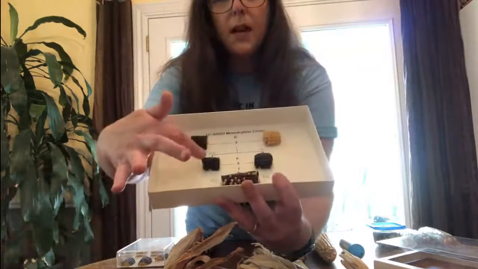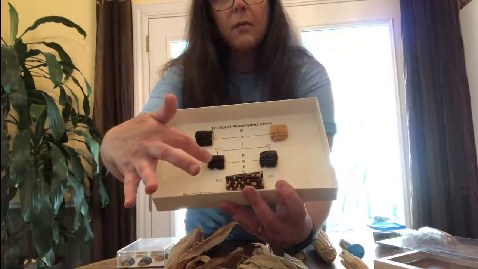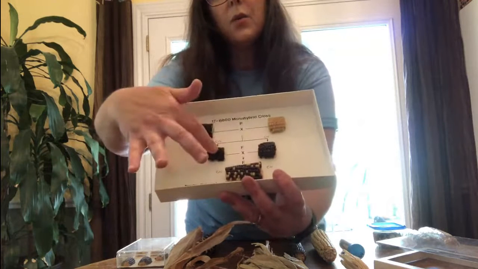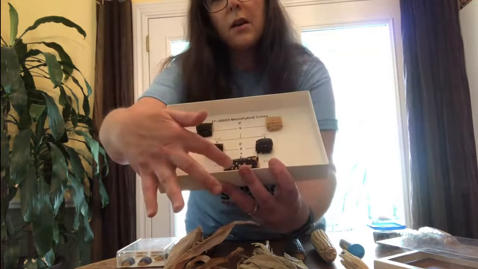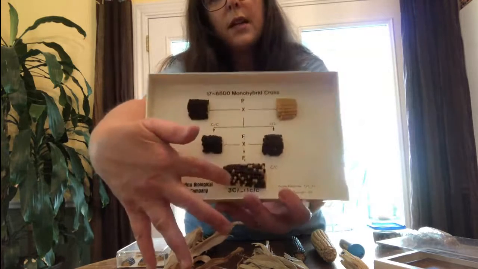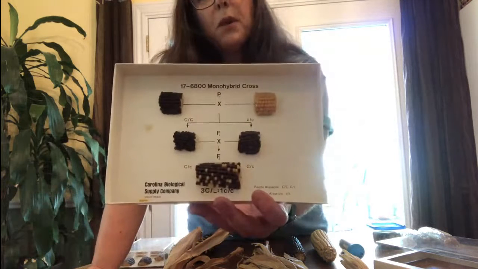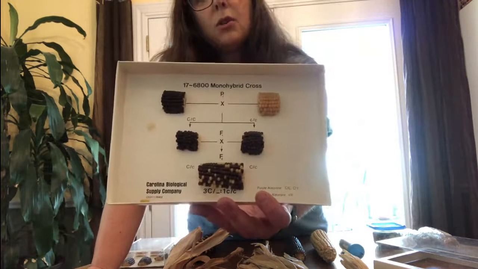So the dominant phenotype here is the pigmented. Then we take the pigmented hybrids, we cross those, and we get our F2 generation, which is down here. Hopefully you can see that it's a nice mix of both pigmented and non-pigmented kernels.